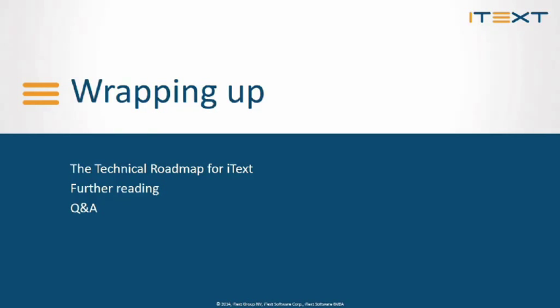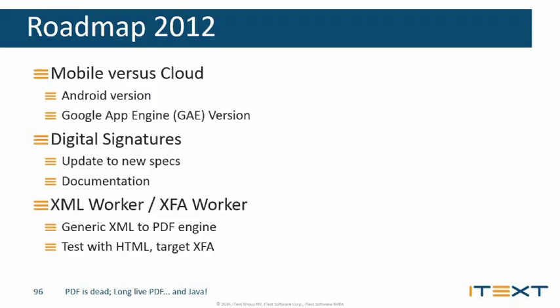Now, wrapping up, I'm going to go a little bit back in history and talk a little bit about the roadmap for iText. So every year we define what we are going to do regarding new developments. In 2012, we looked at mobile versus cloud. iText is a Java library.